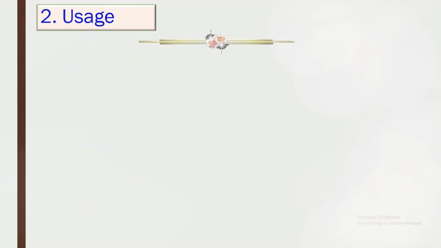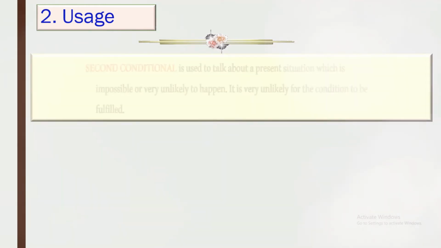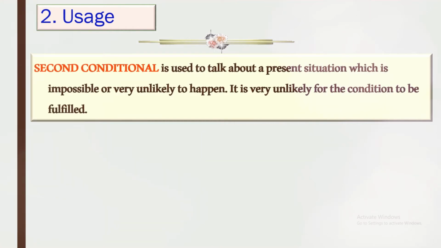Now, let's have a look at the usage. When should we use the second conditional? The second conditional is used to talk about a present situation which is impossible or very unlikely to happen. It's very unlikely for the condition to be fulfilled. Let's have a look at an example.